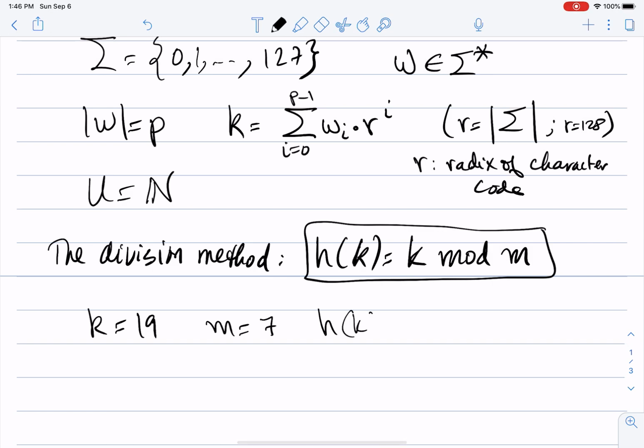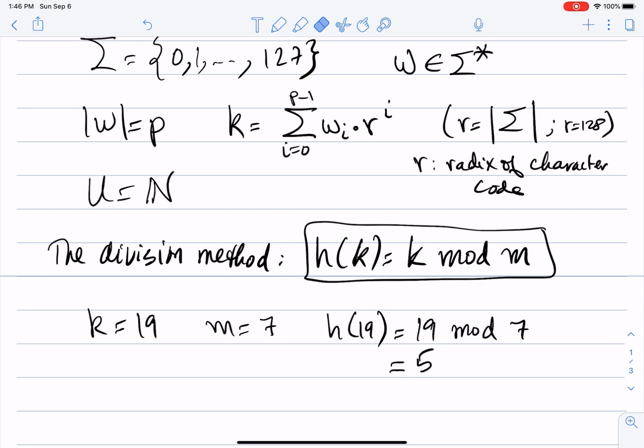Then h of 19 is 19 mod 7, which says divide 19 by 7 and take the remainder. The remainder is 5. So h of 19 would be 5.